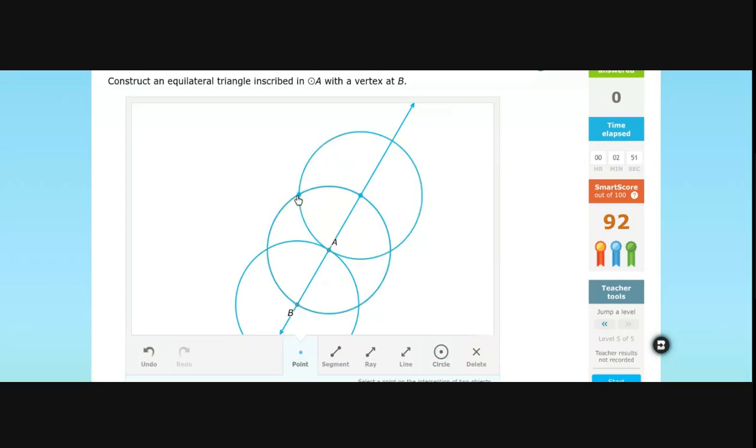Looking at intersection points, we can connect those to point B and create ourselves an equilateral triangle that has a vertex at point B.